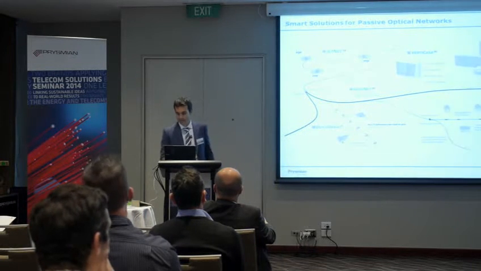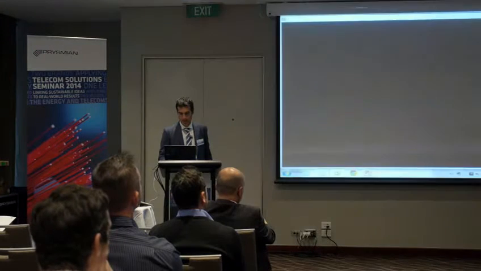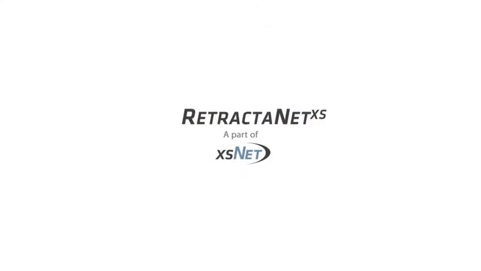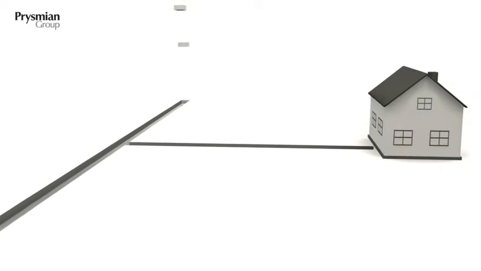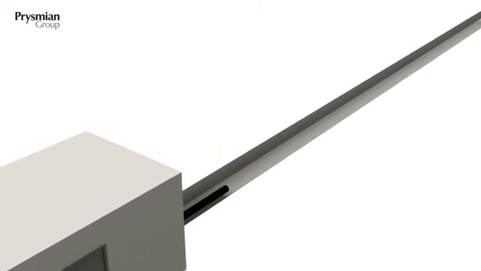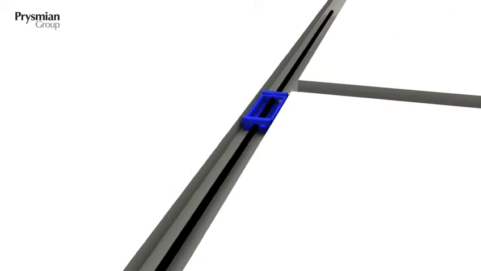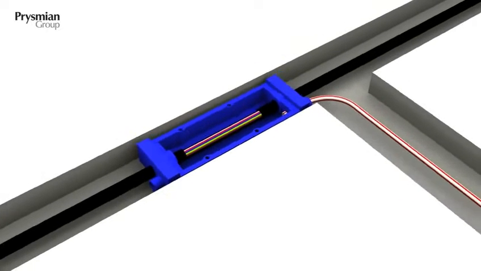To summarize the concept, more than my words, let me use a short animation. So in this application, we are direct buried. So somehow you open a trench, you install a cable. You first see that you don't need any loop anywhere, so the cable is down.